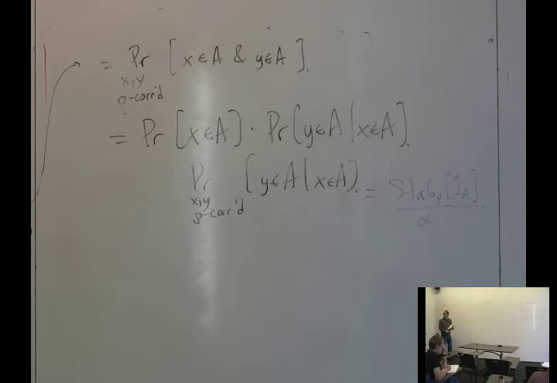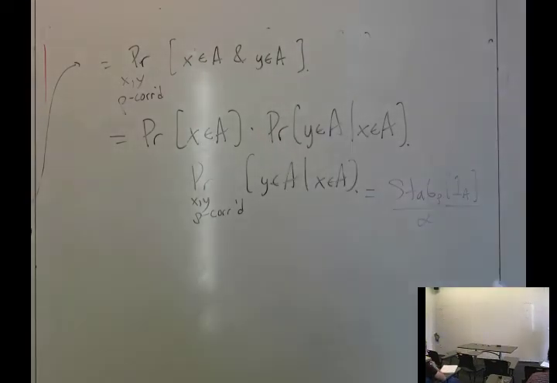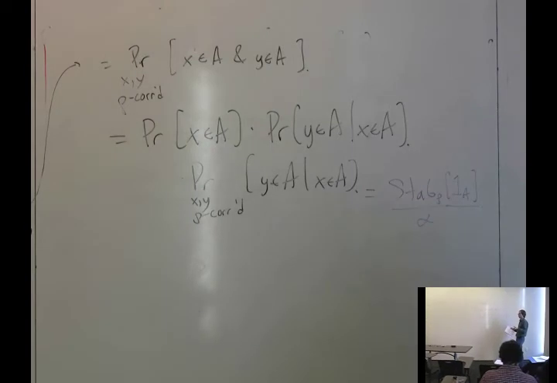Pardon me? Like, how is it a hypercube? Roughly, yeah. Because in this experiment, it's roughly like x and y are going to be at distance, well, the inner product of x and y will be something like rho times n.